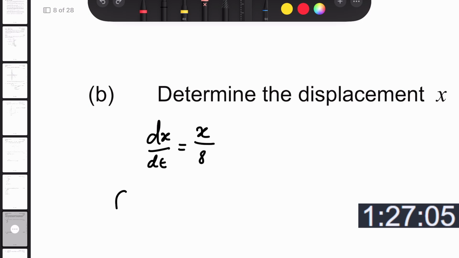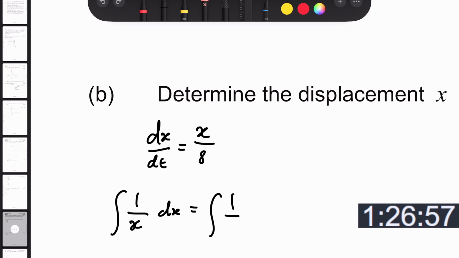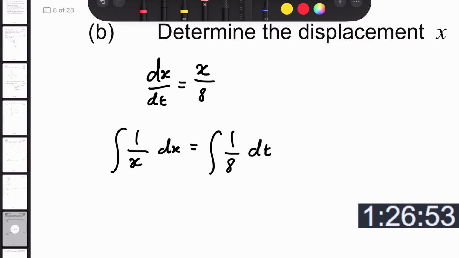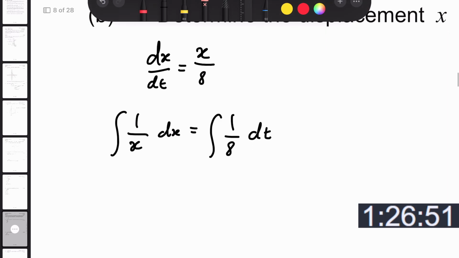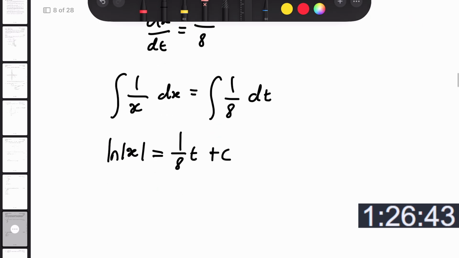So if I rearrange some things, I'm going to divide by this x. It's going to equal 1 on 8 dt. Okay, so then this is going to be ln of x equals 1 on 8 t plus c.